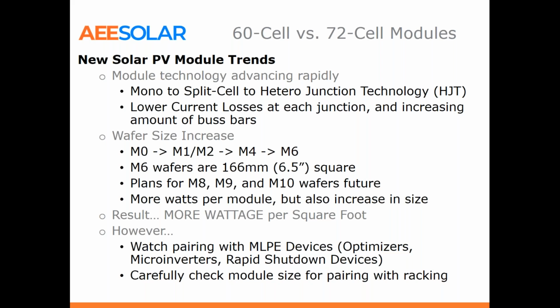As I mentioned before, we were pretty much standardized on a 6-inch square for that 40-inch by about 65.5-inch standard module we were used to for many years. That really makes module sizing uncertain. We're getting more watts per module, but it also increases the size of the module. So please watch for pairing with any MLPE devices.